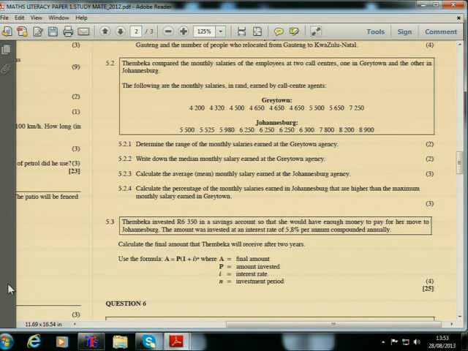Remember, we will divide that by the number of entries. And how many salaries do we have there? We have 10 of them. So we will divide that by 10.